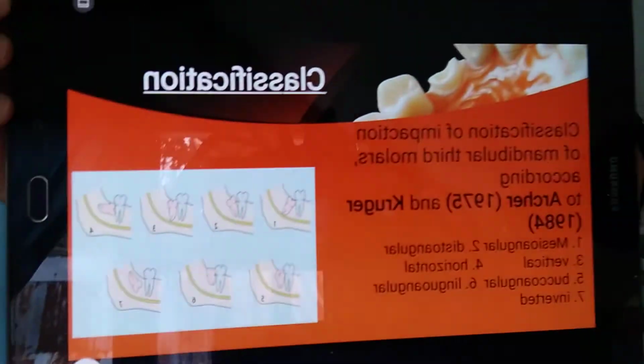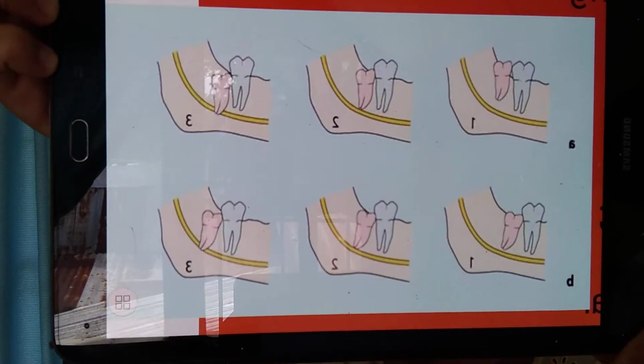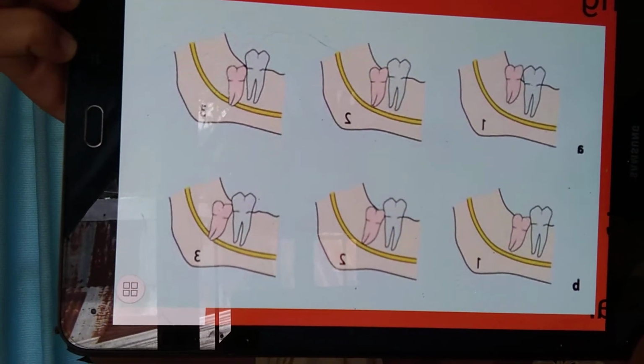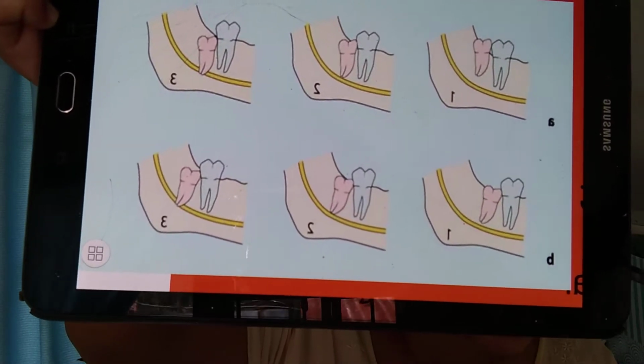For letter A, numbers 1 to 3, this is according to the depth of impaction and proximity to the second molar.